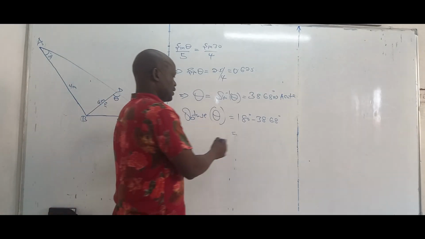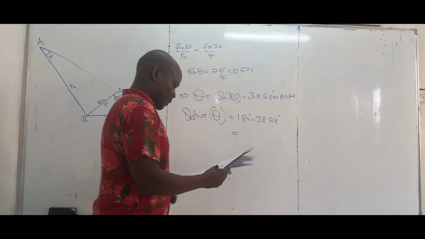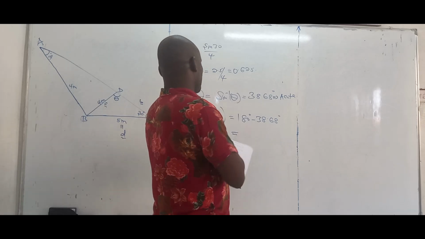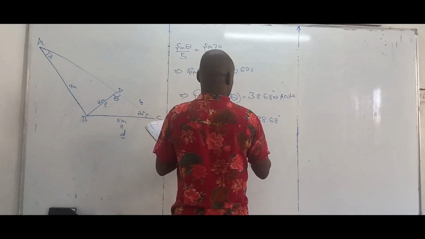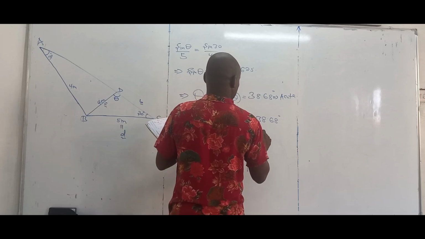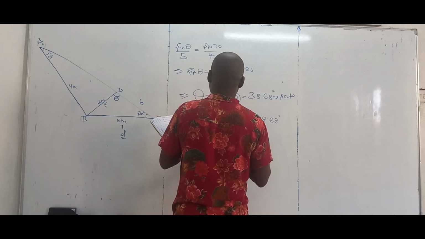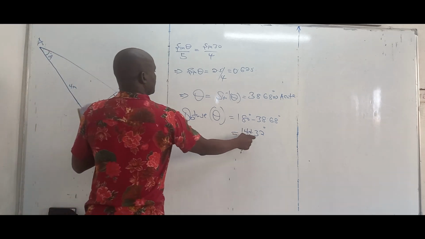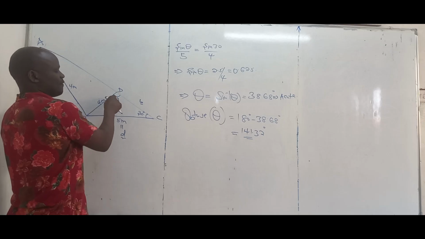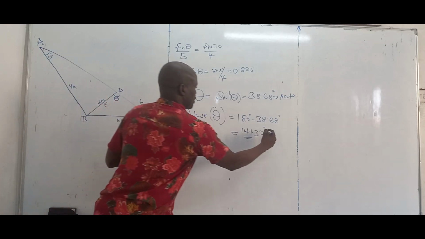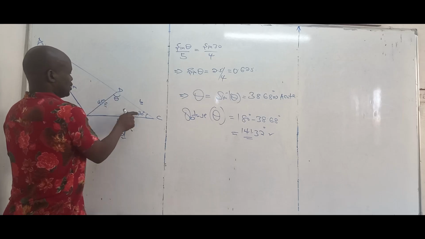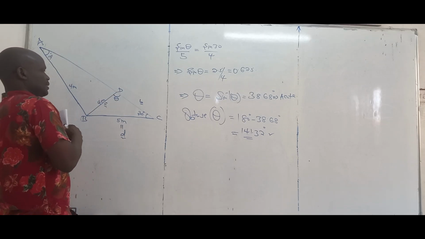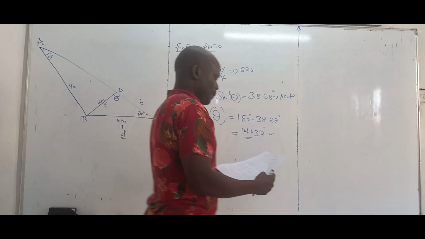So we get that obtuse value to be about 141.32 degrees. That's the angle we have here. It's obtuse, and it's not less than 90, so this is what we pick. It can't be the other one.